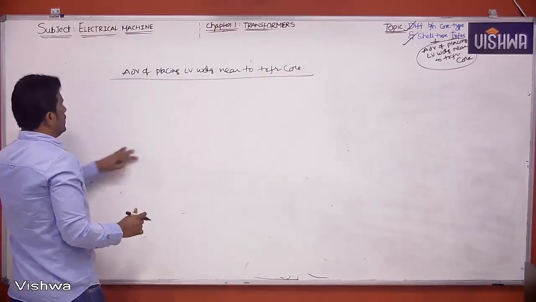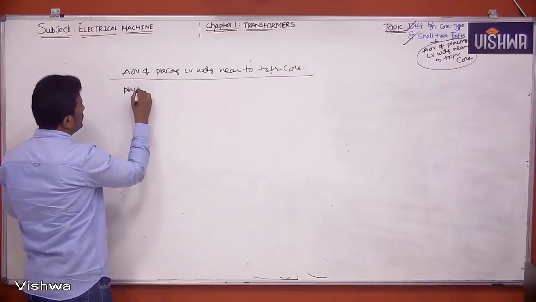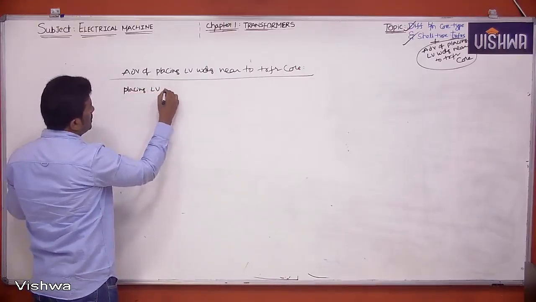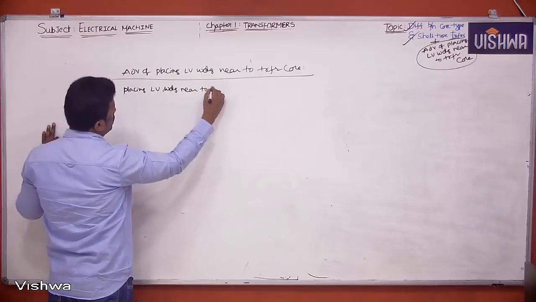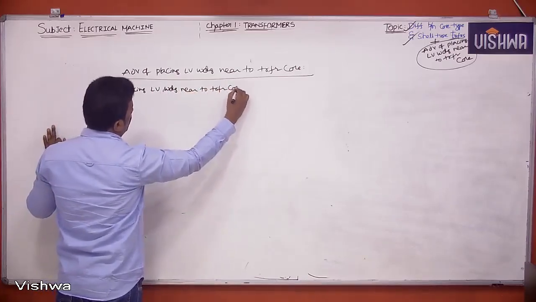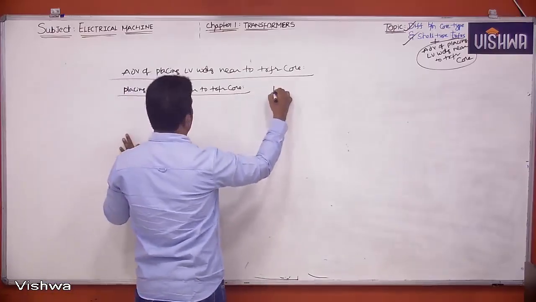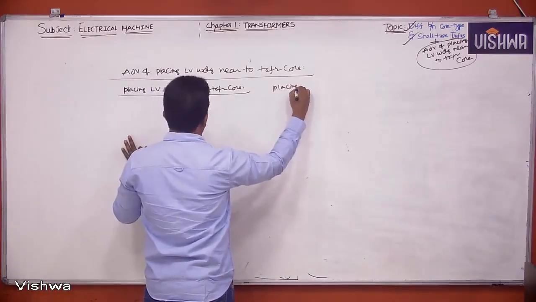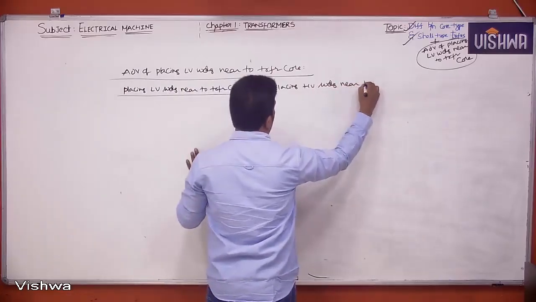First we'll see placing a low voltage winding near to transformer core. Next, we will see placing a high voltage winding near to transformer core.